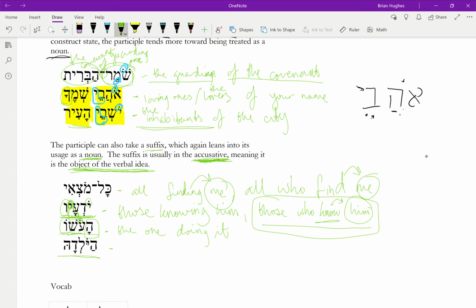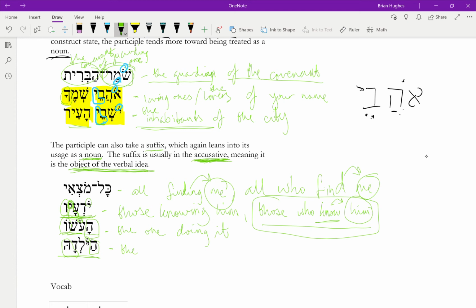Hayoleda, hayoleda. Here we have the definite article, right? We have a holum, which is our diagnostic for a participle. And then we have a feminine singular possessive suffix on it. Yeled is to give birth.